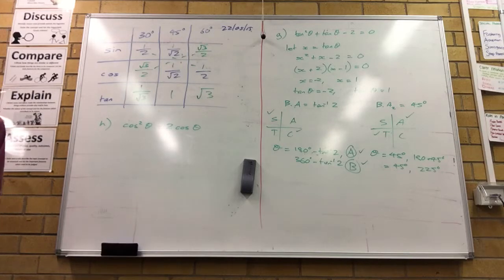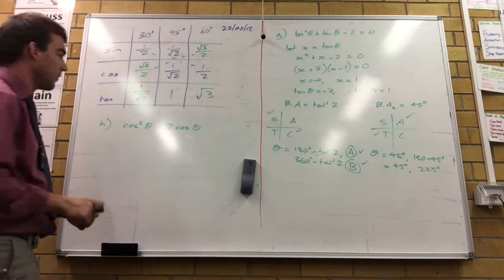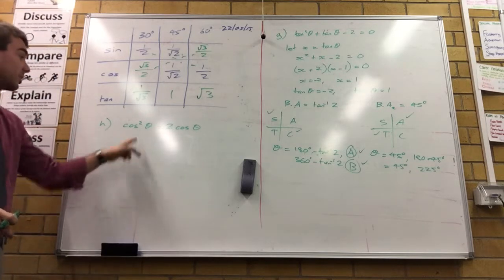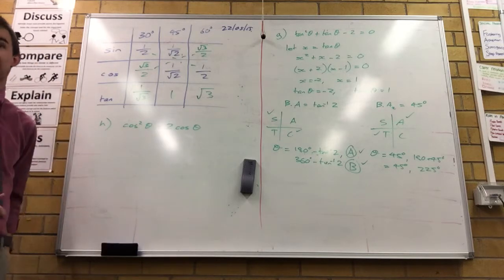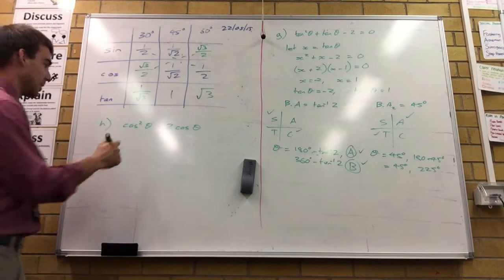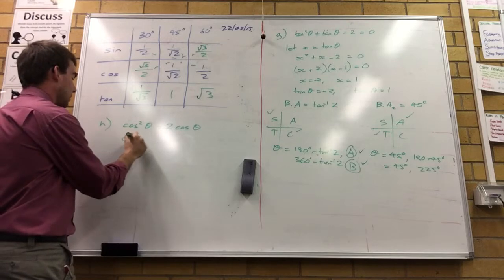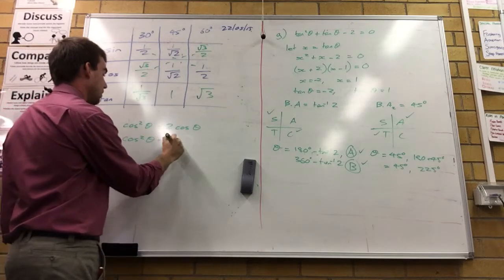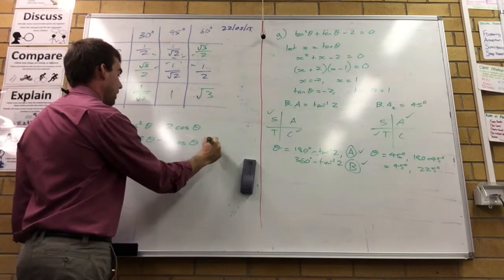Okay, so how am I going to solve this one? Good. If anyone was going to tell me you're going to divide both sides by cos, you can't do that because you will eliminate some of your solutions. So cos squared theta, take away 2 cos of theta, which is equal to 0.